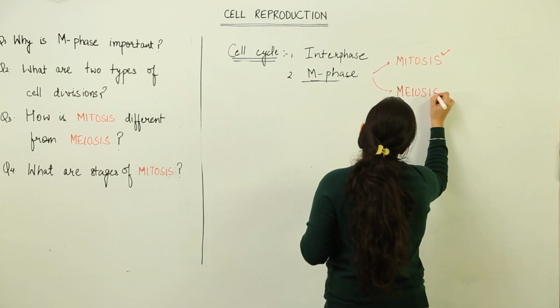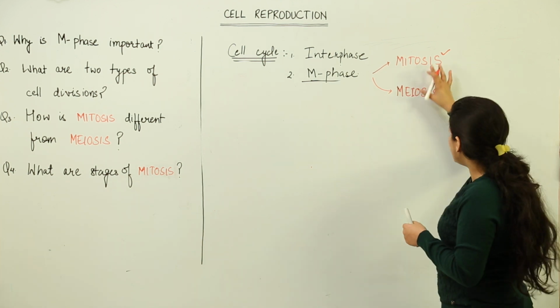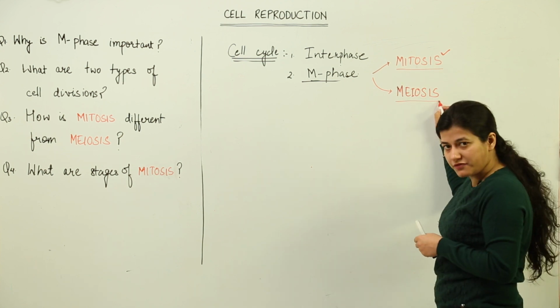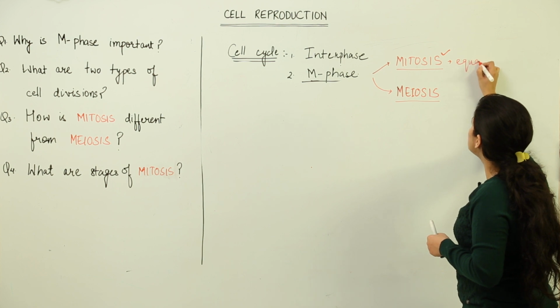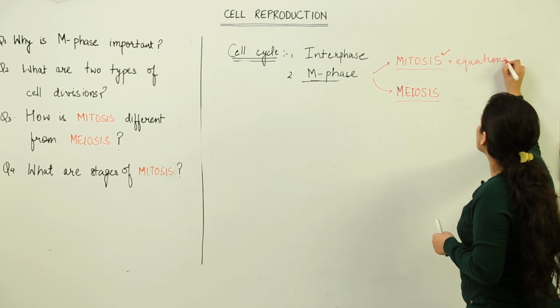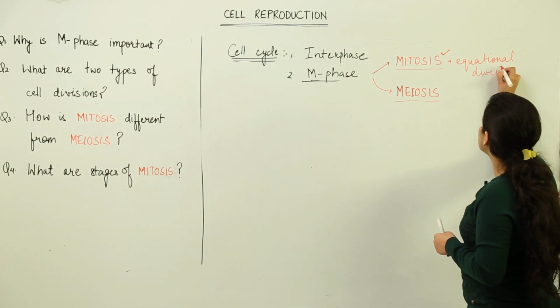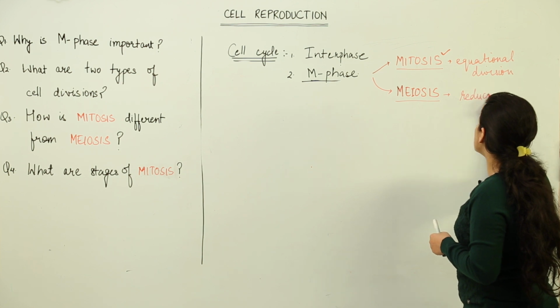Now to understand these in a clear-cut way, and the clear-cut distinction that you would want, how is this division different from this division? Please keep in mind, mitosis is equational division and meiosis is reductional division.